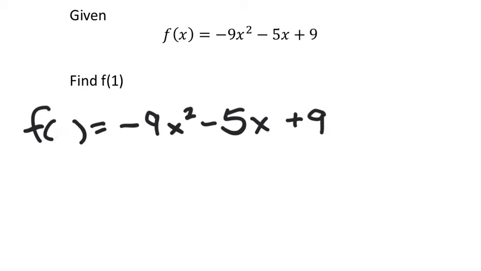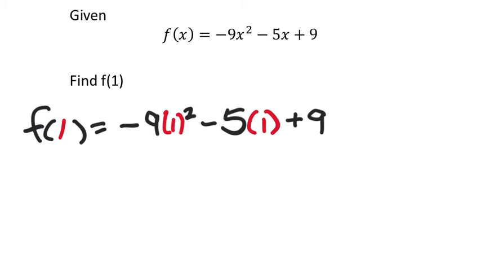So that means that really we're replacing that x right there with 1. So I need to take all the x's in the function and replace them with 1s. So that x would be a 1, and that x would be a 1 right there. 1's a pretty good number to work with, by the way, because it's so easy to work with. The only way they could have made this easier is if it was 0, which I wish they did. But it's not, so here we go.